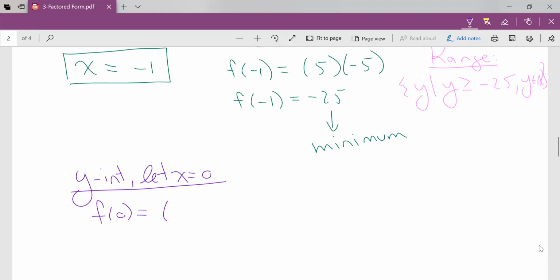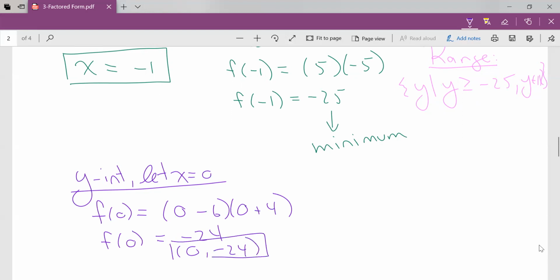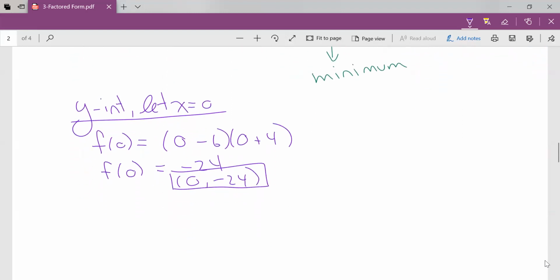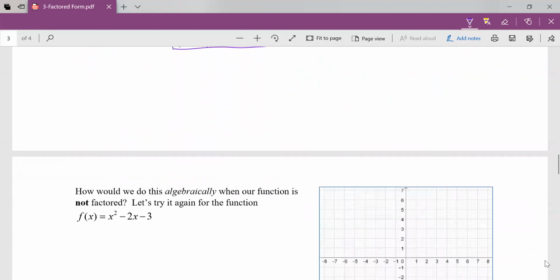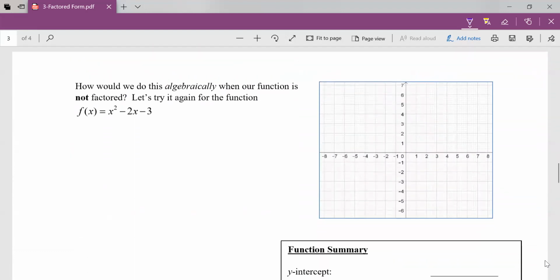And I'm going to get that. And then f of 0 is going to end up being negative 24. So our y-intercept is at (0, negative 24). So friends, holy cow, by having something in factored form, we can figure out everything about the graph. So this is just a tiny bit important for you in this unit.